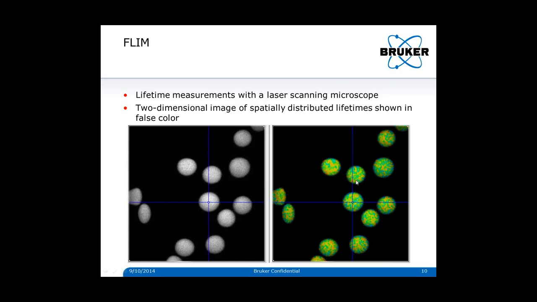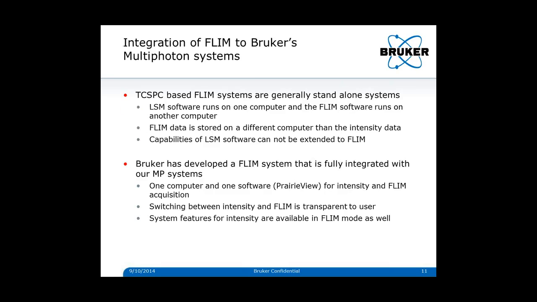All pixels here indicate the fluorescence lifetimes at the individual pixels. And in this case, on the left, we throw away the timing information. This is just an intensity image of the same sample, but based on the photon counts. So FLIM is pretty easy to integrate into the laser scanning microscopes.